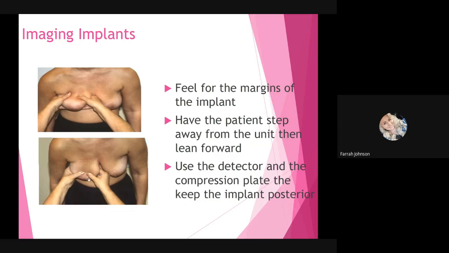Typically you want to start at the nipple end with both of your hands, and you're going to pinch, moving back posteriorly until you feel the resistance of that implant. Once you feel the resistance of the implant, then you know that you have all of the anterior breast tissue. You're going to pull that breast tissue onto your imaging plate and just compress the anterior tissue.